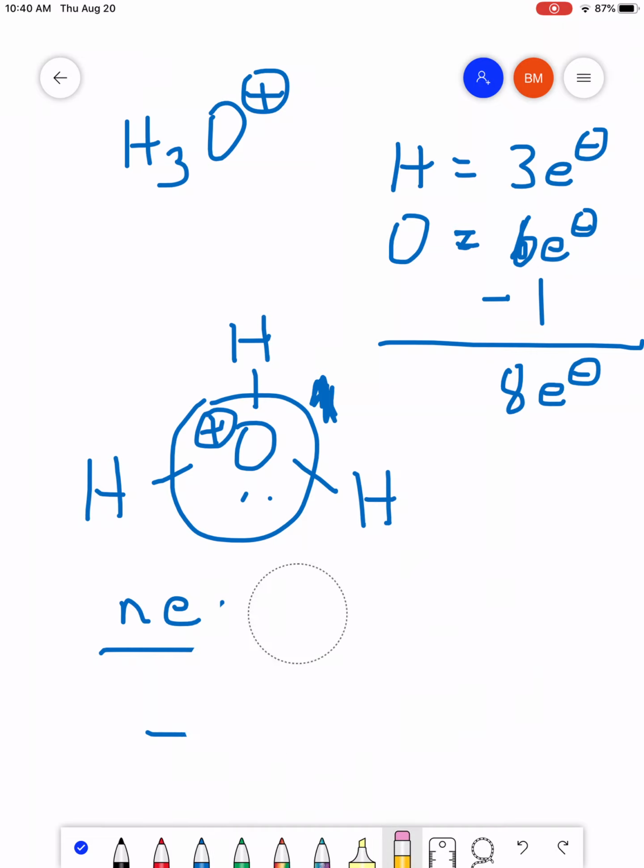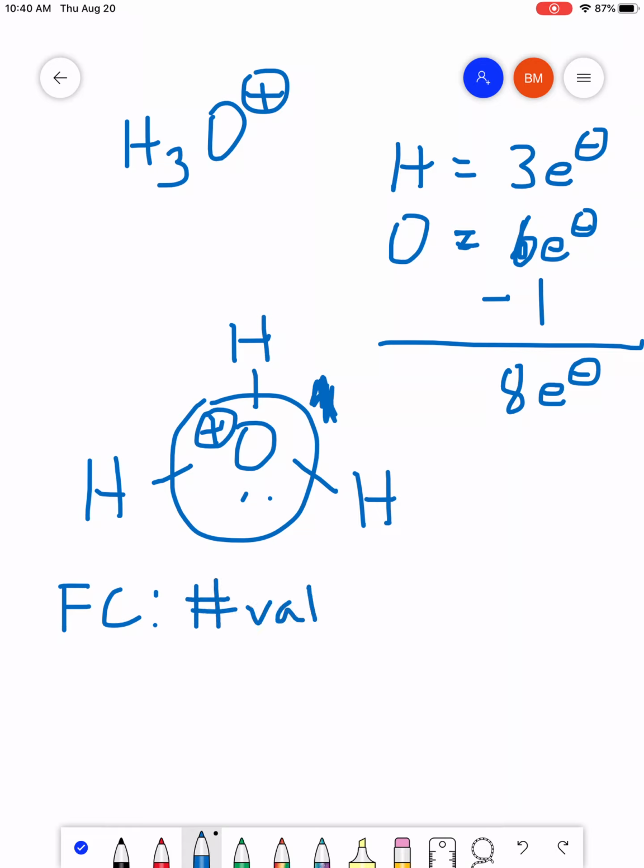Now, if you're having trouble with that, you can also do a mathematical calculation. You can actually calculate formal charge. Formal charge is going to equal the number of valence electrons of an atom minus the number of electrons owned by that atom, all right?